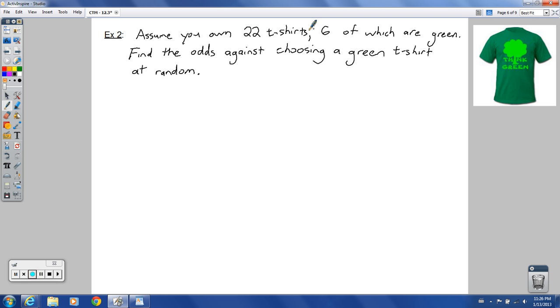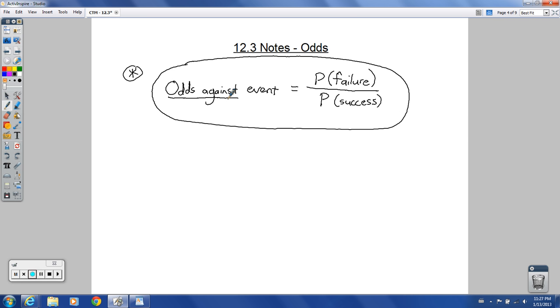I know there are 16 t-shirts that aren't green, but it's not just 16 out of 22. That's the probability of pulling a non-green shirt. But we're saying what are the odds against it. So the odds against is different. It's the probability of failure over the probability of success.